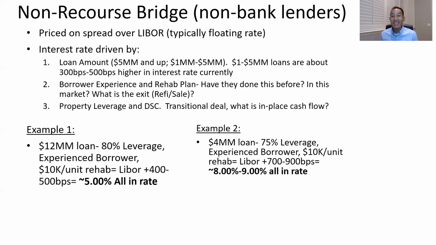So they're at 8 to 9% all-in rate. And so really when you're under that $5 million loan amount, you as a borrower have to decide, all right, do I want just a recourse bank loan and maybe get that at 4 to 5%? Or do I want non-recourse and stomach an 8 to 9% all-in interest rate?